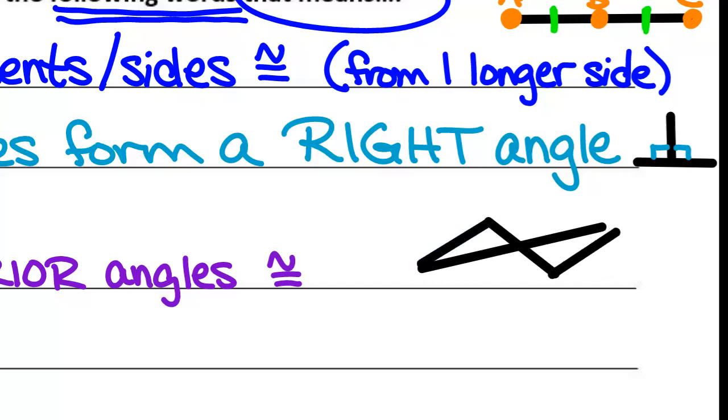When I'm looking for alternate interior angles, I'm always going to be trying to make either a letter Z or a backwards letter Z. I'm going to mark my 2 parallel lines, and then I'm going to find a transversal that connects them.